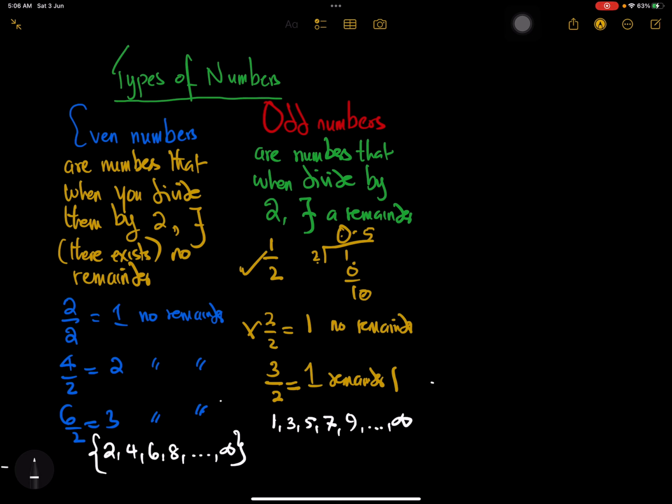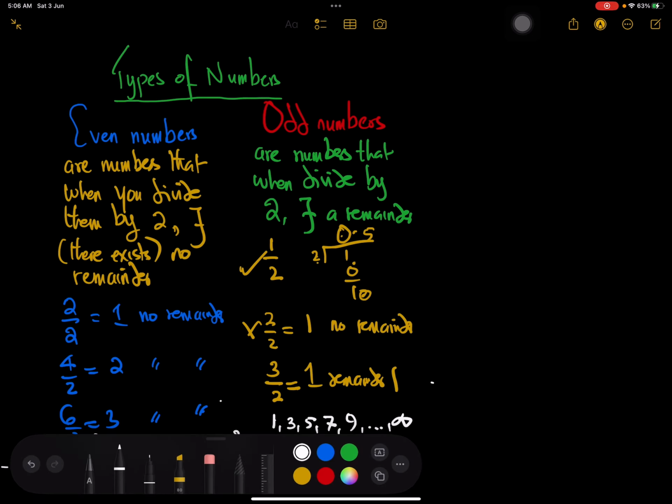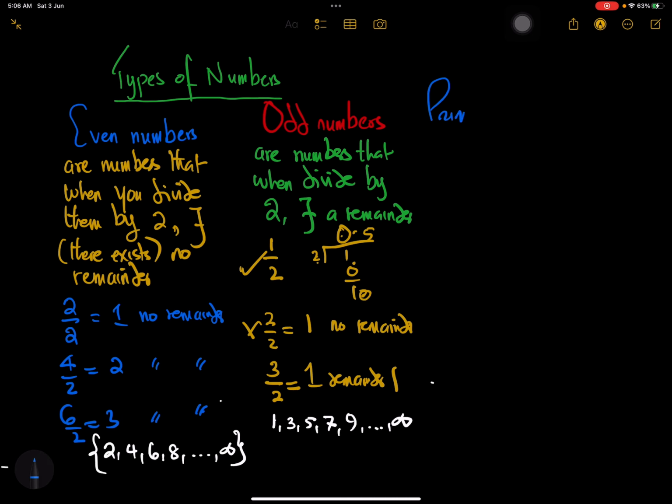There are also numbers such as prime numbers. We have what we call prime numbers. These are numbers that have only one factor.